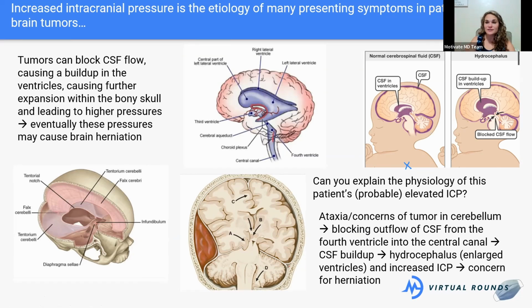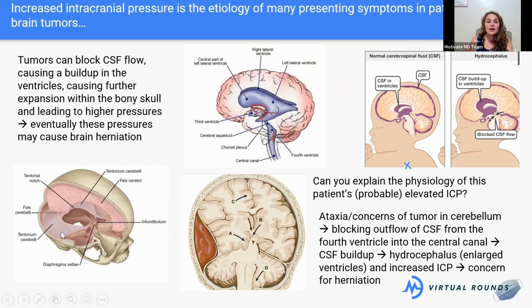That further exacerbates the issue because then the CSF cannot get reabsorbed, the ventricles will enlarge, and the pressure will become super, super high. When that happens, it can cause the headache, the nausea, the blurry vision, because it can get in the way of the optic nerve and the signals to move the extraocular muscles.